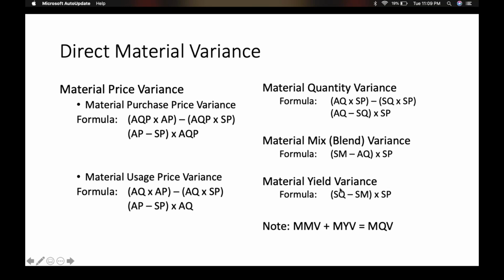So yield variance is standard quantity less standard mix multiplied by the standard price. Now the total of these two variances is also equivalent to material quantity variance.